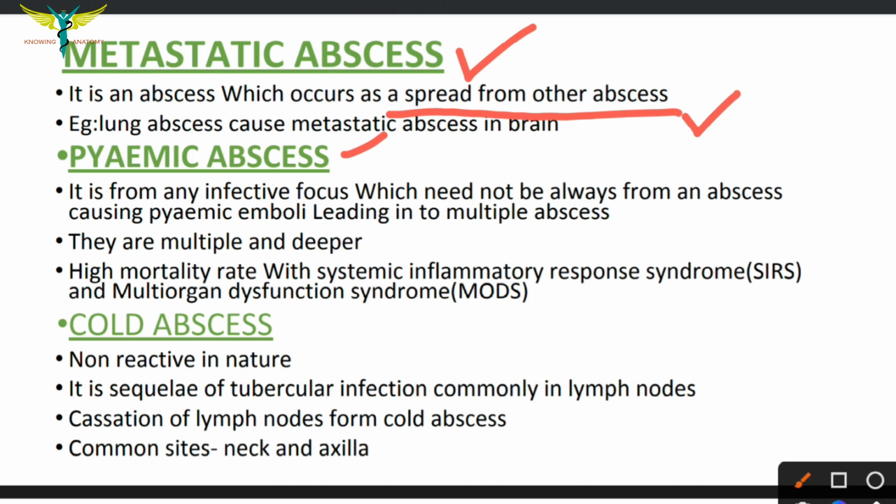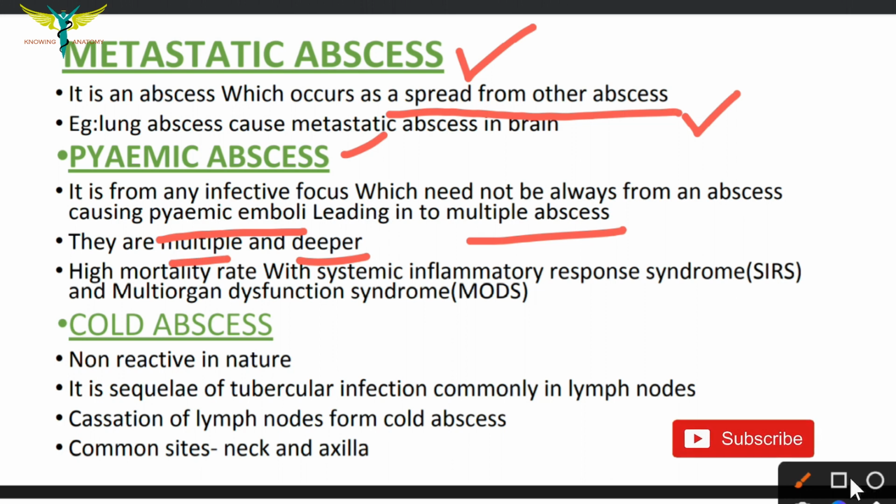So this infective focus will cause pyemic emboli, which lead to multiple abscesses. These pyemic abscesses are multiple and deeper, and carry a higher mortality rate with systemic inflammatory response syndrome, that is SIRS, and multi-organ dysfunction syndrome, that is MODS. So pyemic abscess is a life-threatening condition.